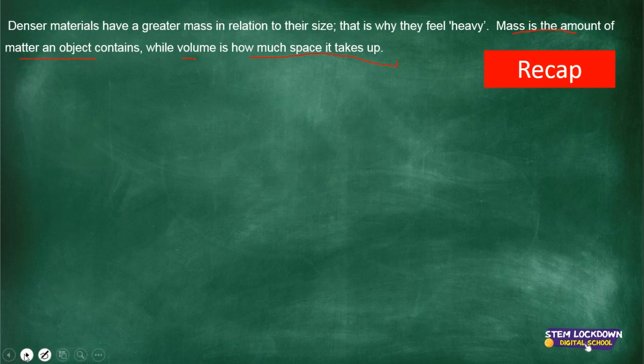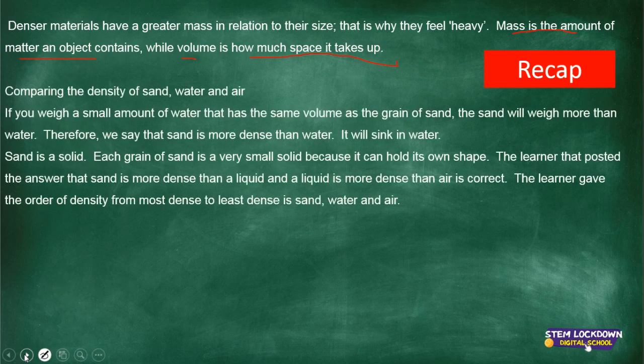One of the learners basically summarized what I said about the experiment that I gave you for sand, water, and air. You compare the density of sand, water, and air. Now, if you weigh a small amount of water that has the same volume as a grain of sand, the sand will weigh more.